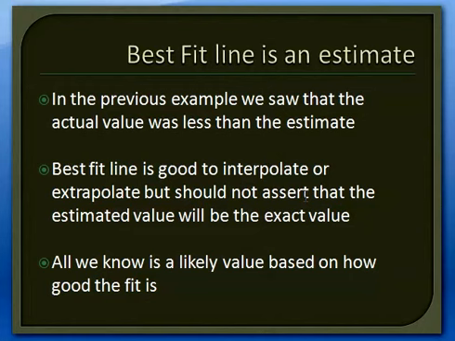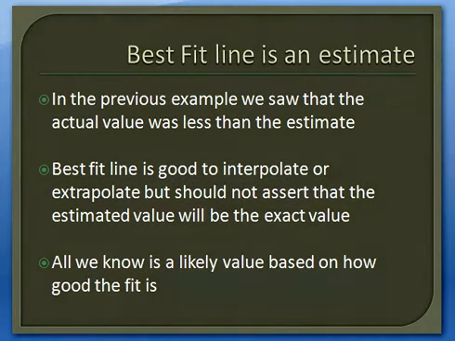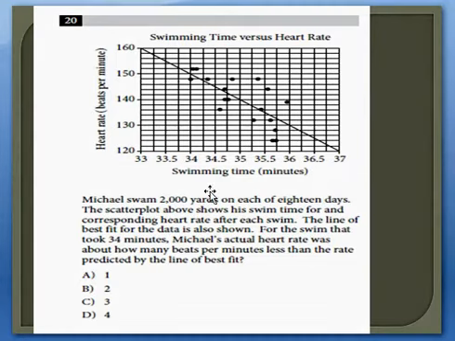Extrapolate means going outside the range of the values that you already have. In this case, extrapolation would be if you're trying to estimate the heart rate when the swimming time was 36.5 or 37 or even something beyond that.